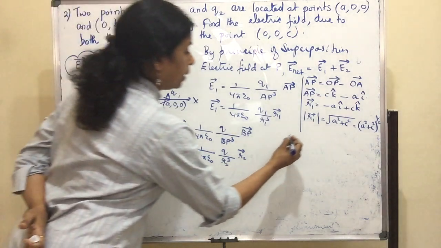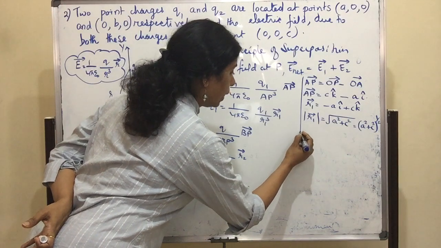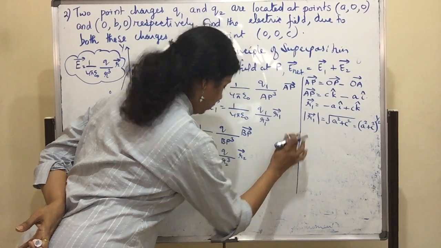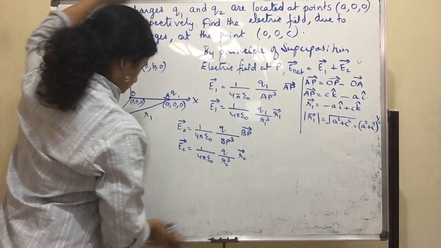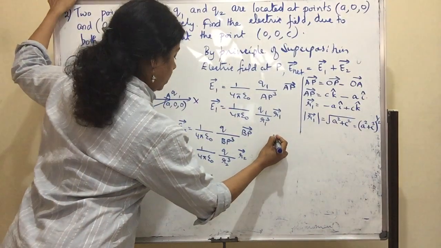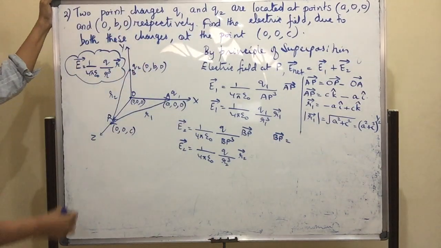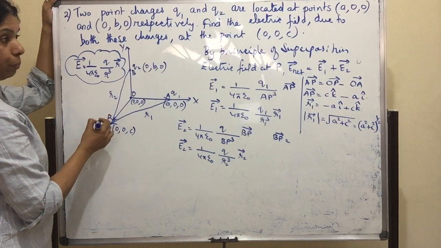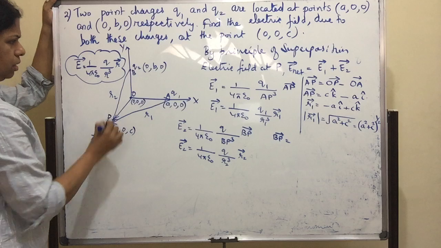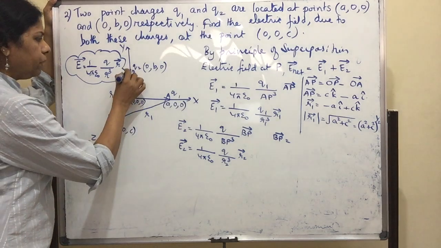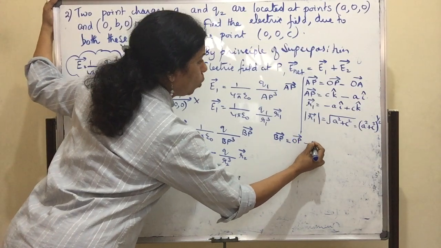Okay. Now again, what is this R2? For that, again we will do the same way. We will follow the same method. Some of you must have already understood that, but still I will do it. What is this BP vector? Same way, BP vector is equal to OP vector minus OB vector.